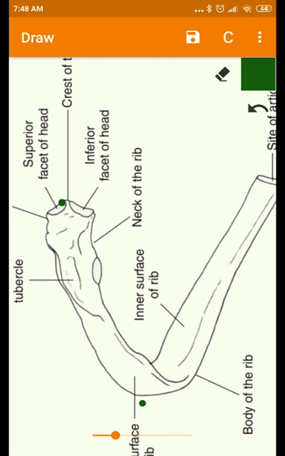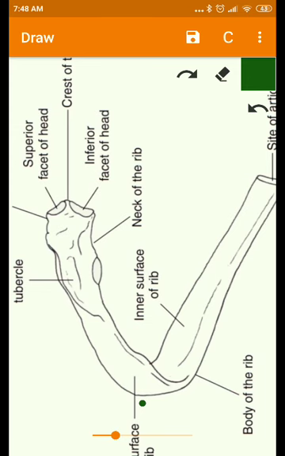For example, if you consider this rib as the third rib, the inferior facet of the head articulates with the third vertebra, whereas the superior facet articulates with the inferior facet of the higher vertebra. So this is how the rib is articulating with the vertebrae.